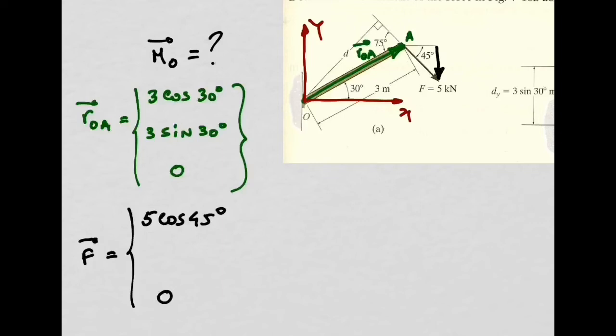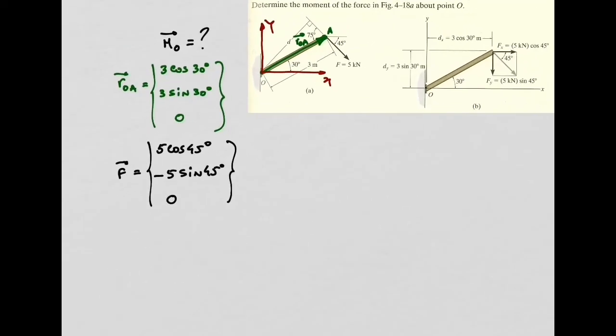Agree? Positive or negative? Negative, right? So minus 5 sine of 45 degrees. That's it. My two vectors that I need for the moment are completely defined.